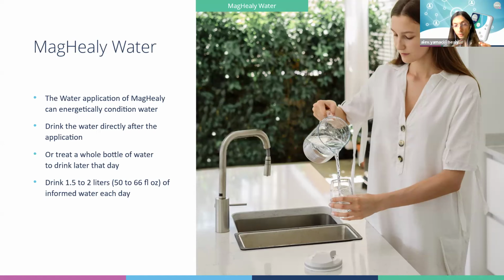You inform your water with the MagHealy, and it has a certain restructuring effect on the water. And the longer you leave it, the more other influences are changing the water again in a way you maybe don't want. So maybe you use it for one day and then you make it new.